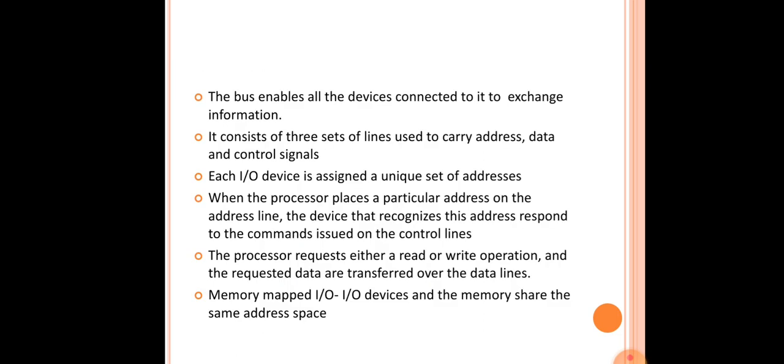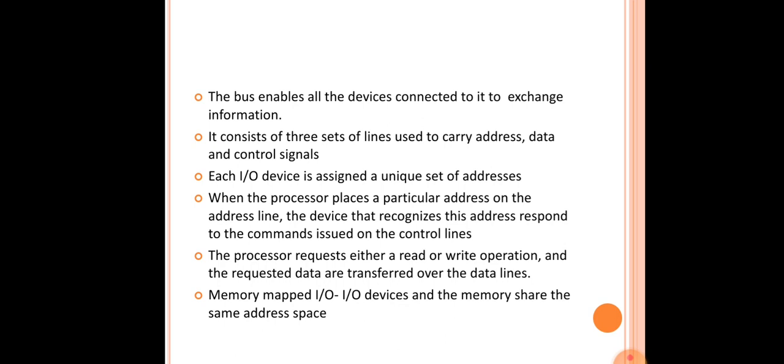The bus comprises of three sets of lines: address lines, data lines and control lines. Address lines to carry address, data lines to carry data and control lines to carry control signals. Each IO device is assigned a unique set of addresses.